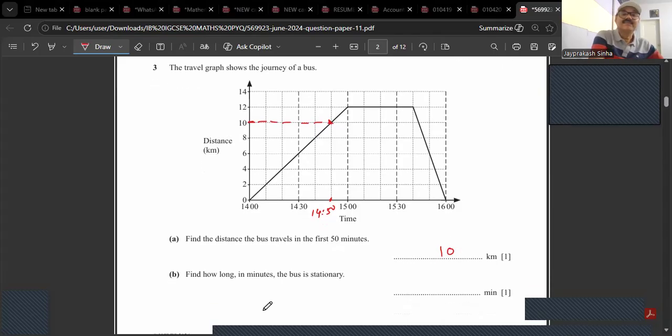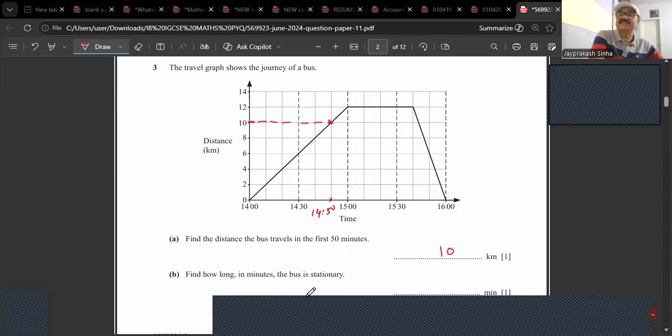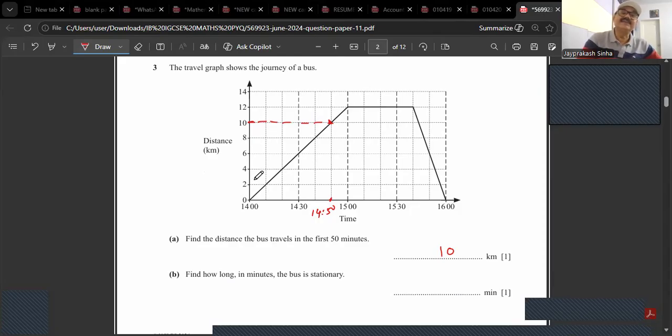Next question. Find how long in minutes the bus is stationary. From 14 to 15, the bus is traveling, that is why the distance is increasing. But from 15 to 15:40, this point is 15:40, because each grid is for 10 minutes: 15:10, 15:20, 15:30, 15:40, and then 16.